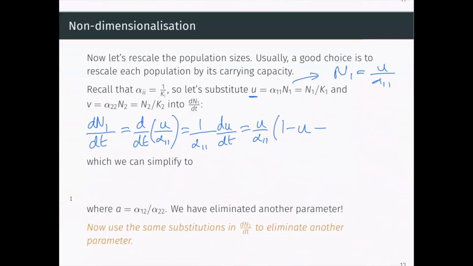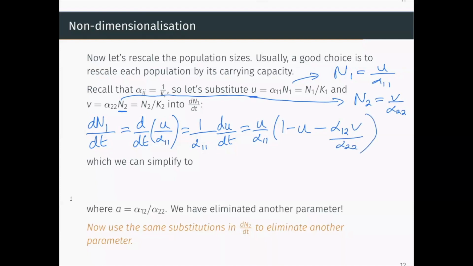So we're going to have alpha 1,2, and n2 is going to be equal to v over alpha 2,2. So I can write this as n2 is equal to v over alpha 2,2. So that means rather than having an n2 here, I'm going to have a v over alpha 2,2.